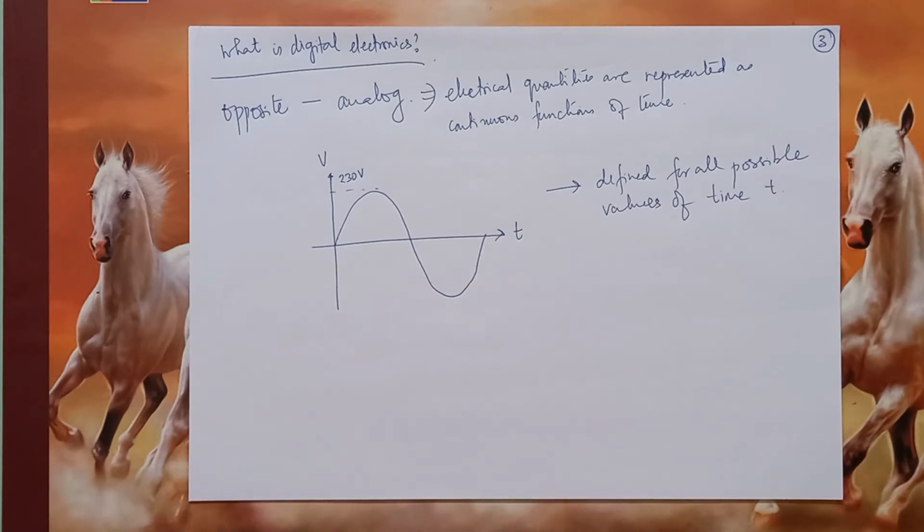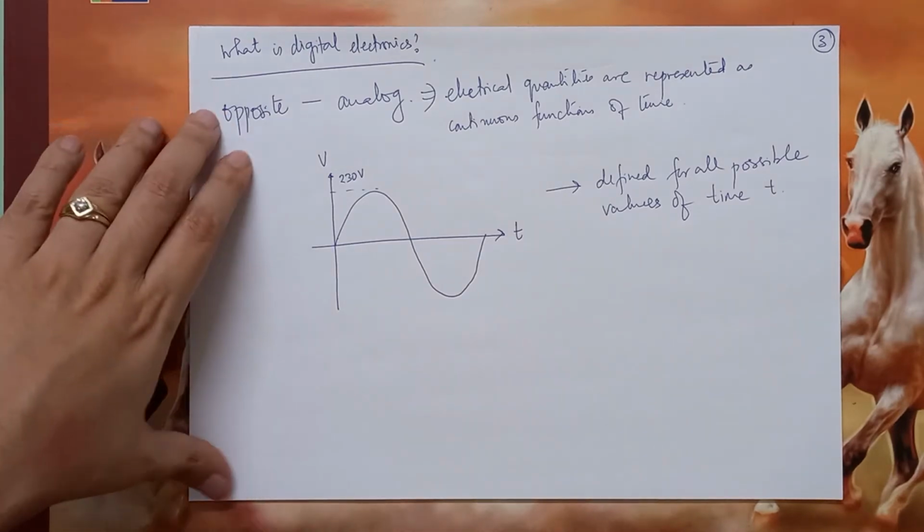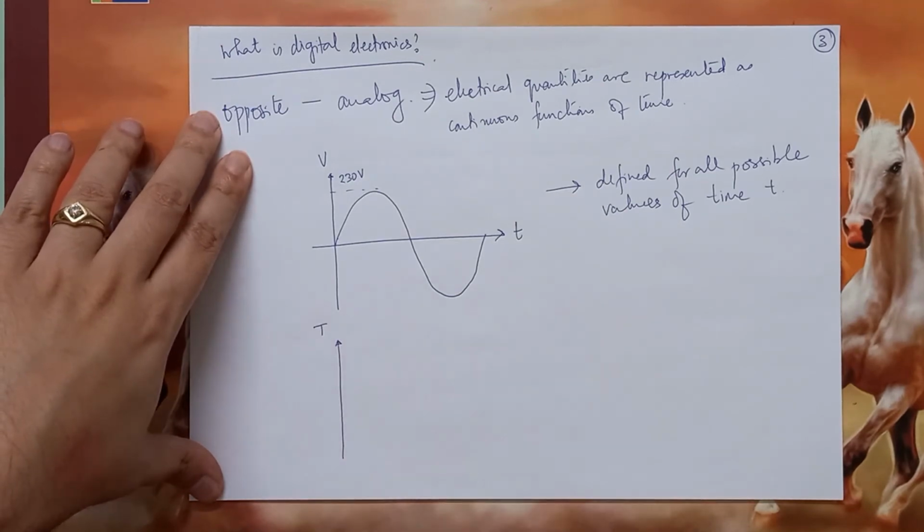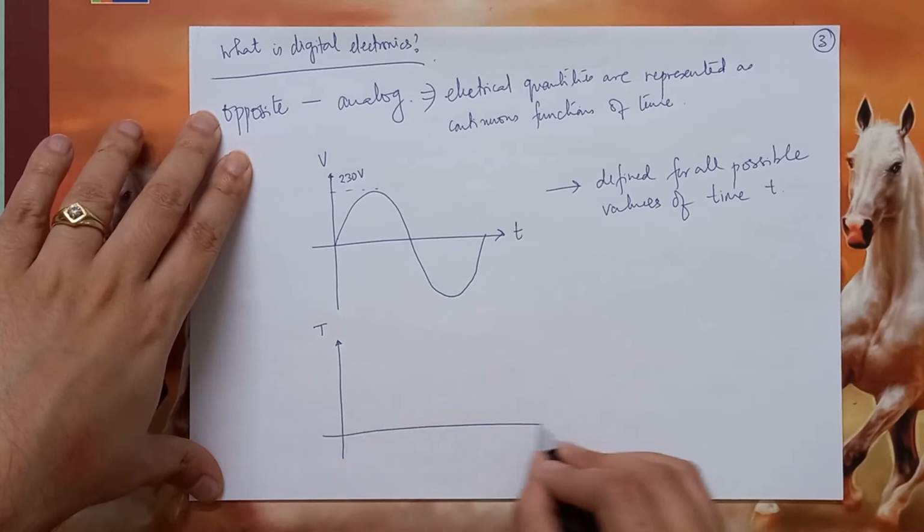Or in a more familiar application, let's say you are monitoring the temperature just outside your house and you would like to know what the temperature is or how it changes as a function of time. You could very easily connect a temperature sensor and it will give you an output as a function of time. So let us say the temperature looks something like this, temperature as a function of time.